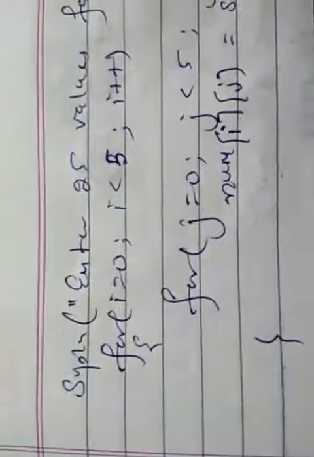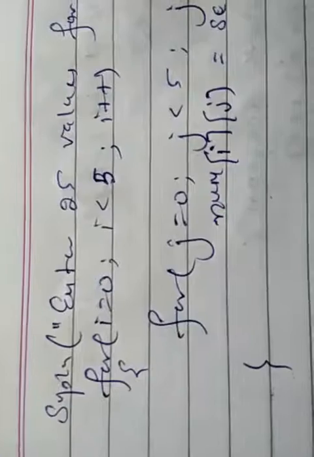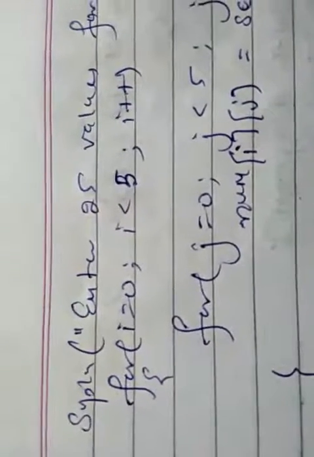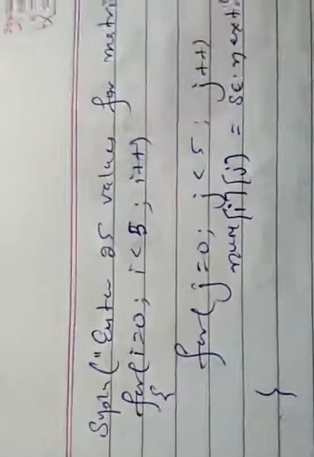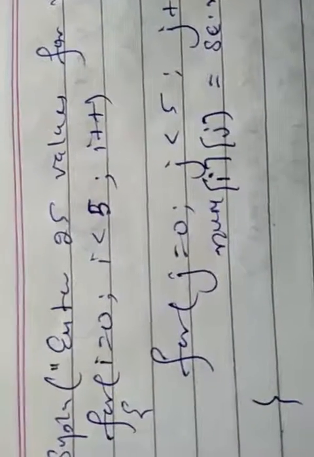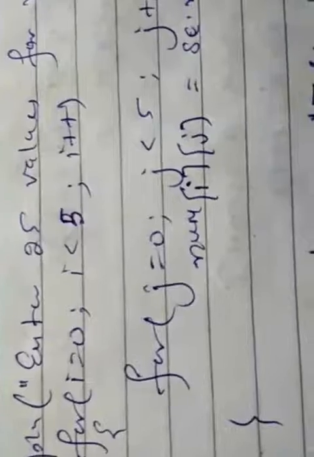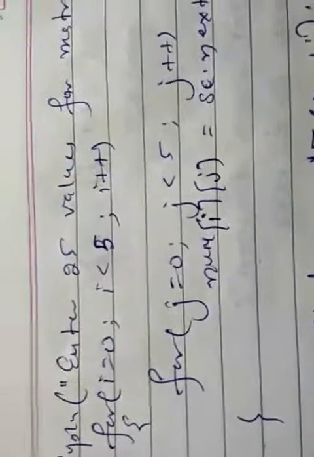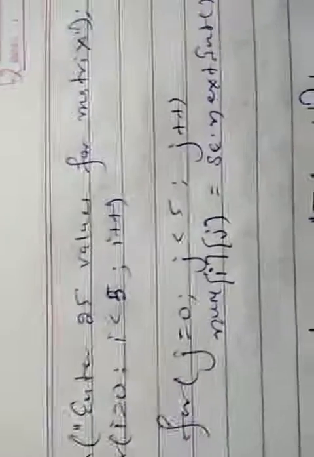Here we are inputting a 2-dimension array, so enter the 25 values for the matrix: i equals 0, i is less than 5, i plus plus, j equals 0, j is less than 5, j plus plus, num of i of j is equal to sc dot next int.